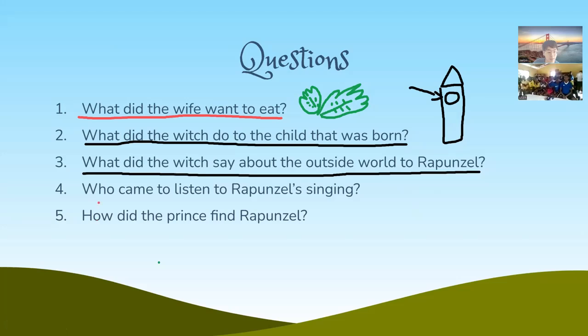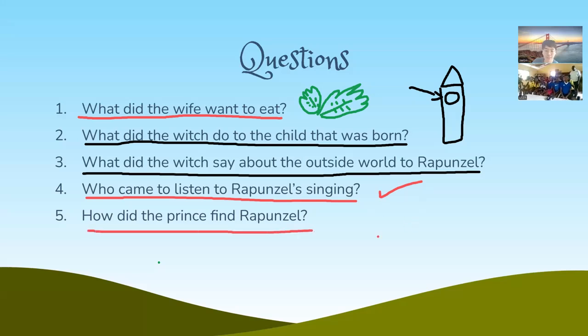So now the fourth question is, who came to listen to Rapunzel's singing? Their friends. Yes, that's right, it's the prince. And then finally, how did the prince find out about Rapunzel?